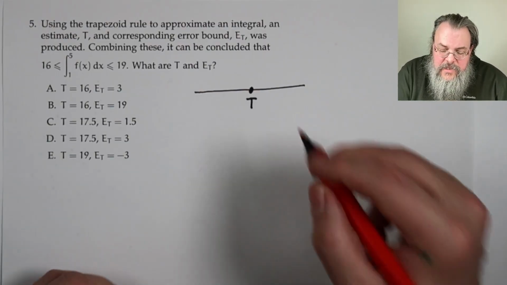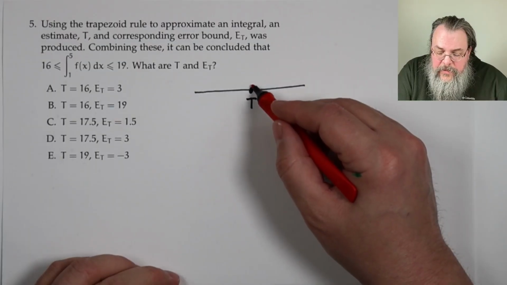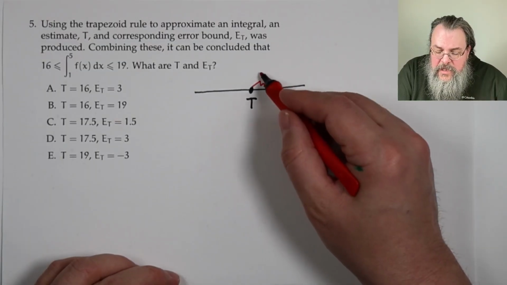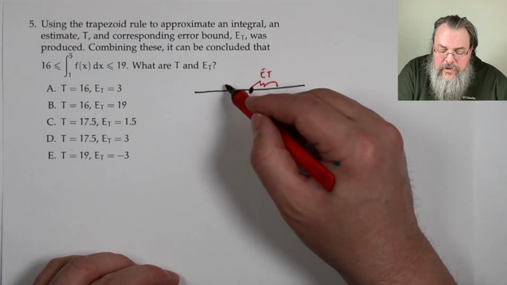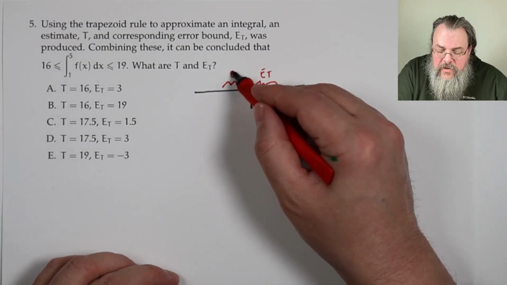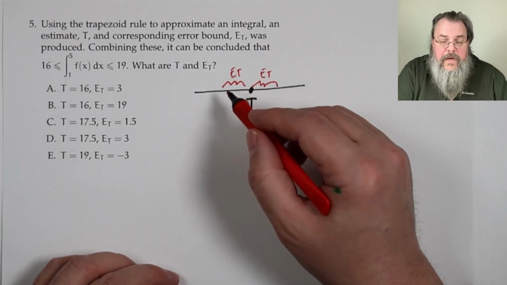Well, the answer is you don't have to go far. It could be at most E sub T, but E sub T could go in either direction. So you could move up or you can move down.